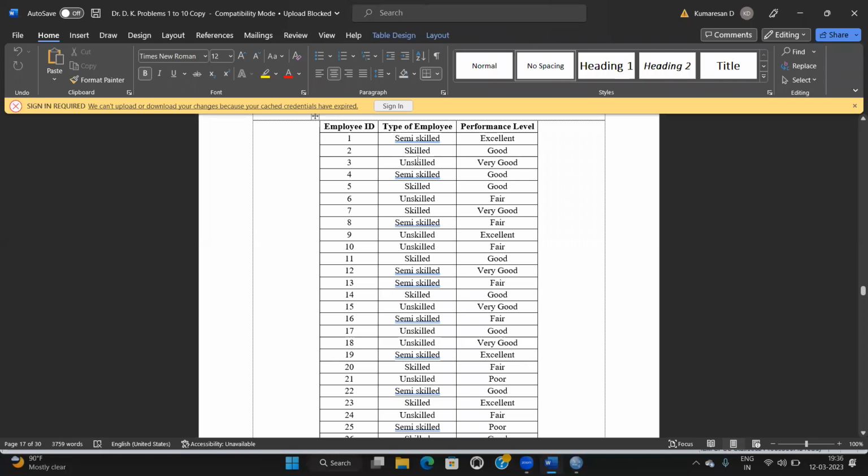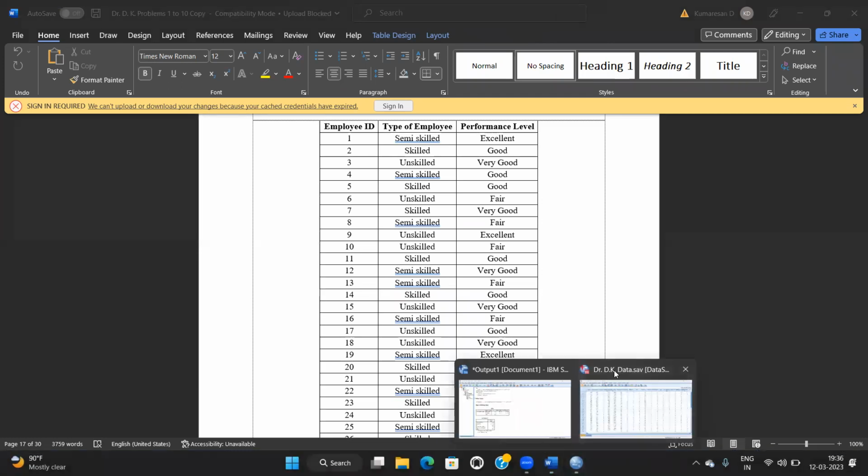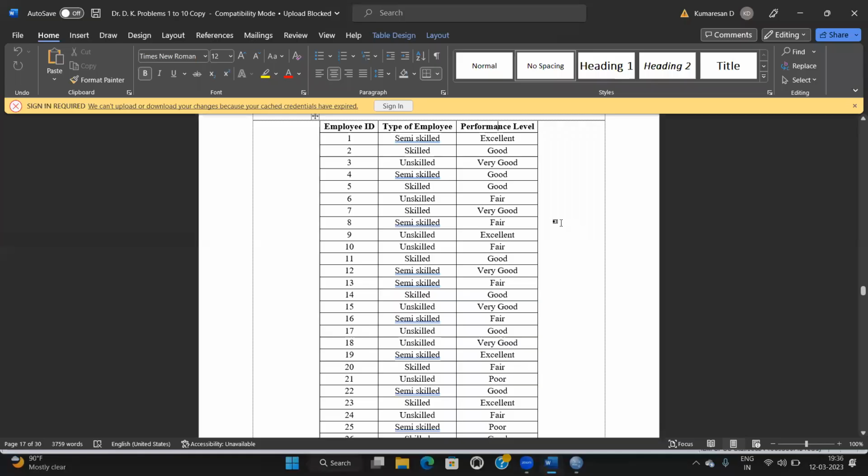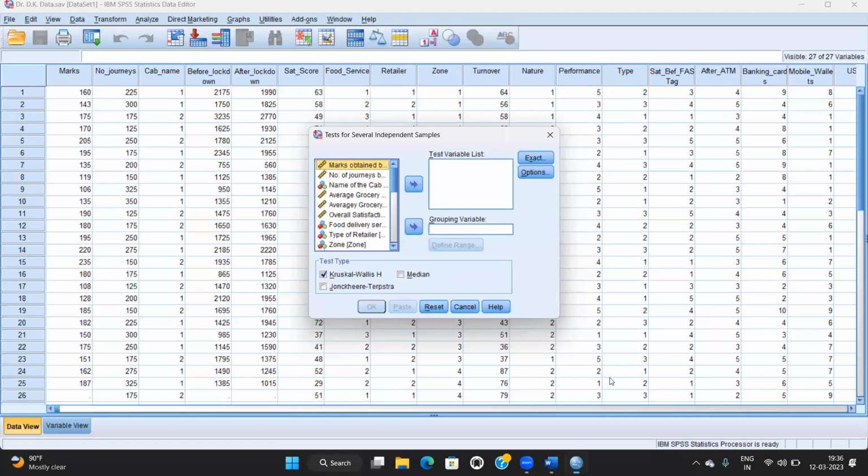Likewise, semi-skilled cannot be regarded as unskilled. So they are mutually exclusive, and we call them independent samples. If it is independent, then we have to apply either one-way ANOVA or the Kruskal-Wallis test. Now the data is given in the form of ordinal data, so we have to apply the Kruskal-Wallis test.